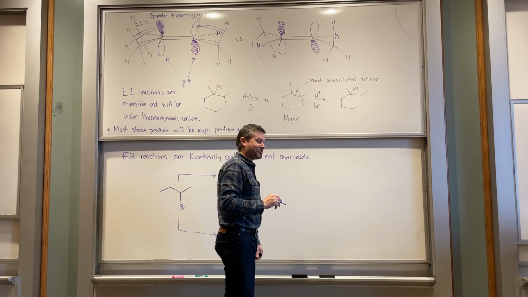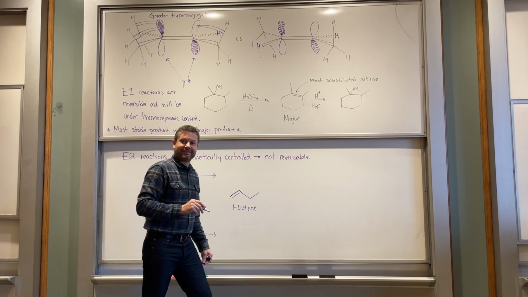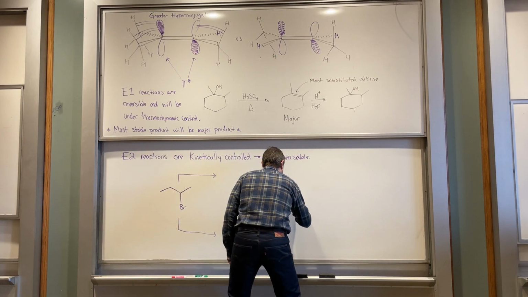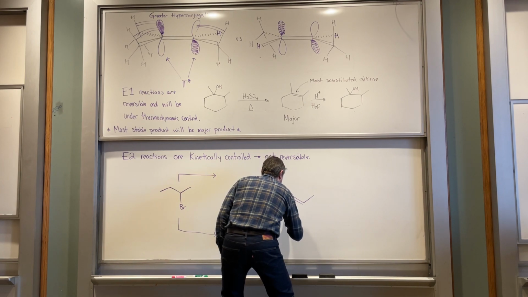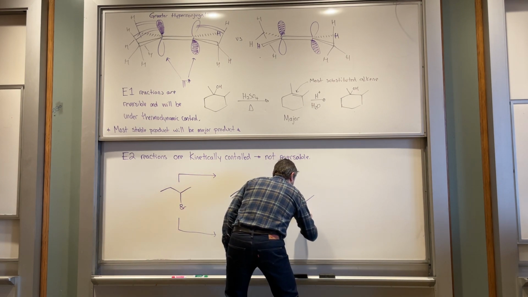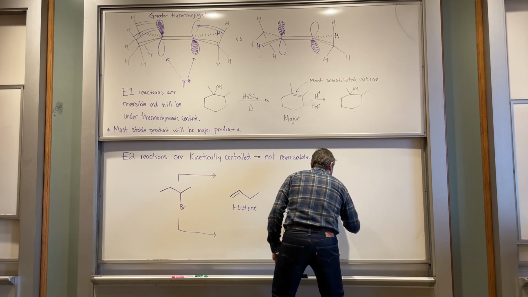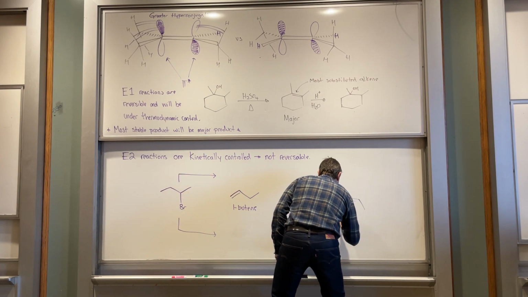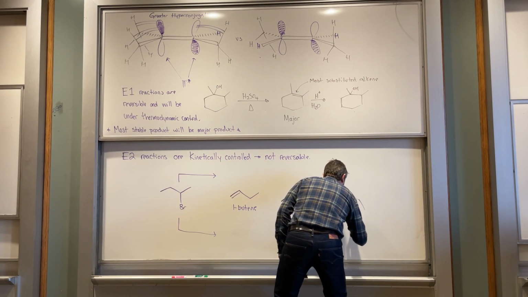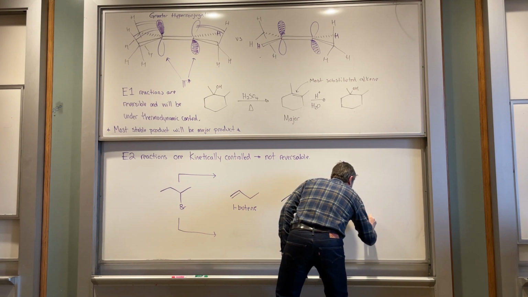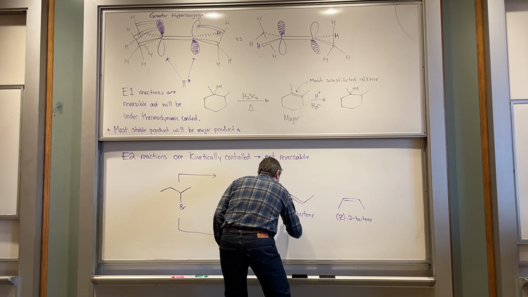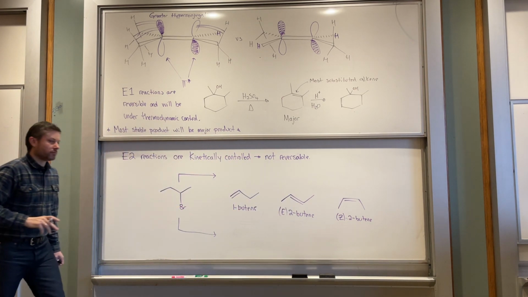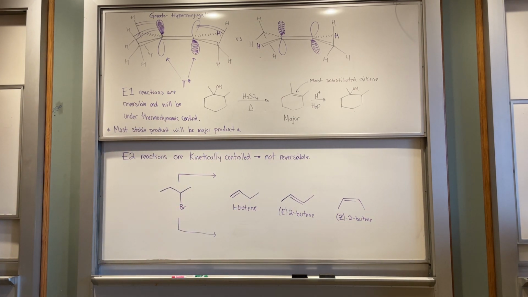E or Z? E. Okay. All right, so we're going to have two different isomers of 2-butene, right? So we'll have E-2-butene, and we can also make Z-2-butene. Okay, so those are the three options.